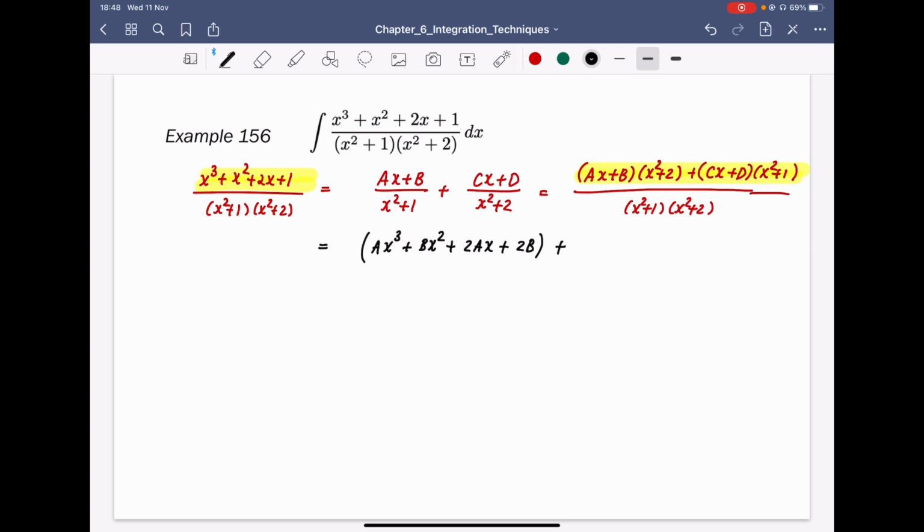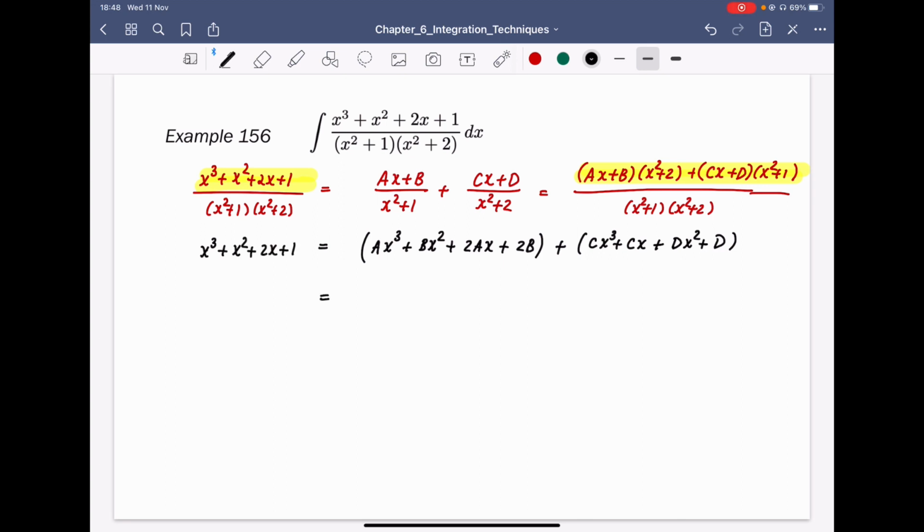The second term I have cx cubed plus cx and then plus dx squared plus d. So you need to be very careful with this one. And that is equal to x cubed plus x squared plus 2x plus 1.